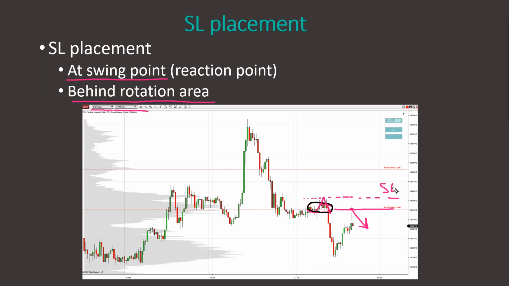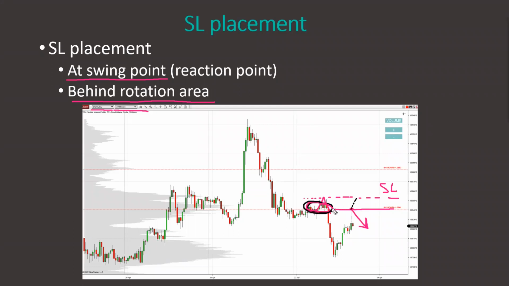Now, the reasoning behind this is that, as I was saying, in the rotation areas, heavy volumes are often traded. And if the price went to go past this rotation area, it would mean it went through the resistance. It would mean it would go through that heavy volume area. And when it went through the heavy volume area, then it would mean that the resistance basically failed.